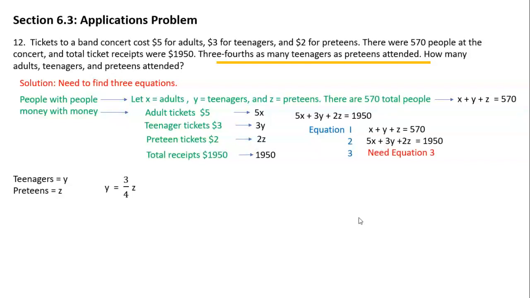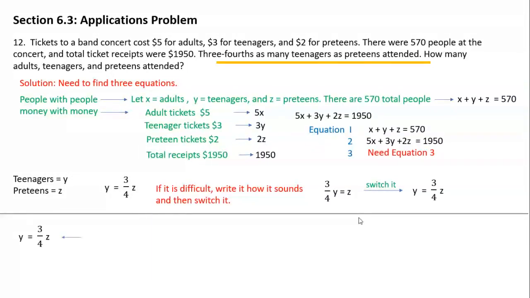That means that if I multiply three-fourths times my preteens, that gives me the total number of teenagers that attended. And there is my third equation. It's not that difficult, right? It's just how it sounds. If we switch it, we have y equals 3/4 z. Yes? So I have my three equations.